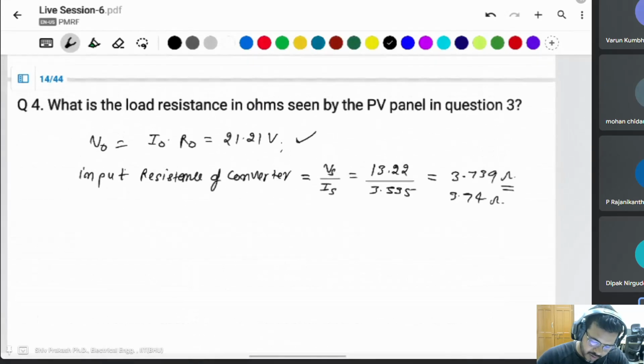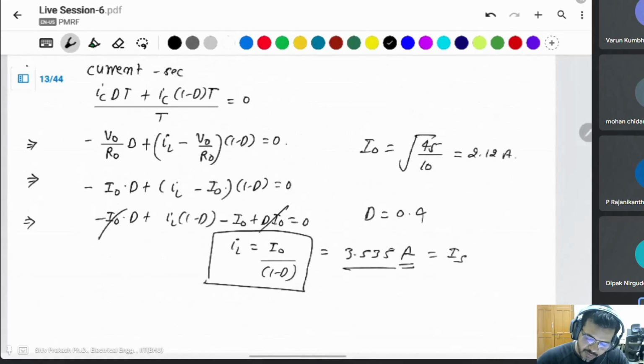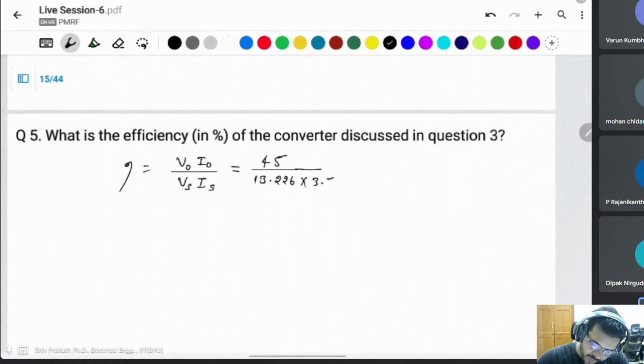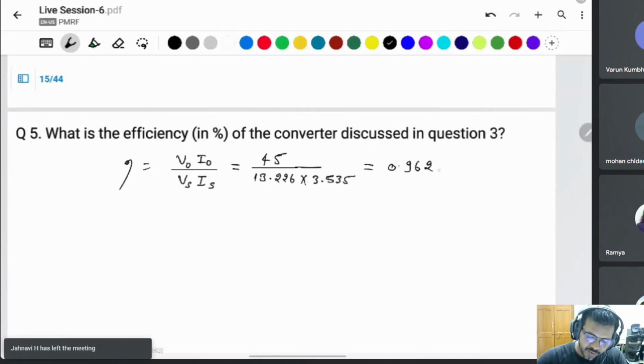This will be input resistance, not input current. Input current is this one, 3.535. So 45 divided by 13.226 into 3.535, which is 0.9624. In percentage, the efficiency will be 96.24%.